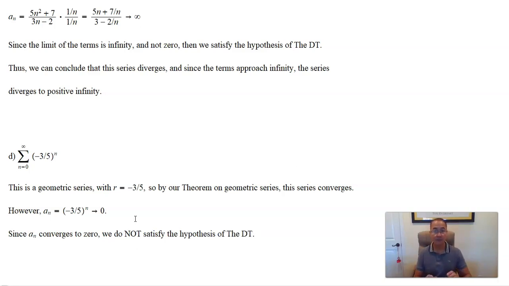Okay? Which doesn't mean that this series diverges or converges according to the divergence test. It simply means we cannot make any conclusion based on the divergence test. We can still make a conclusion based on what we know about the geometric series. Okay?